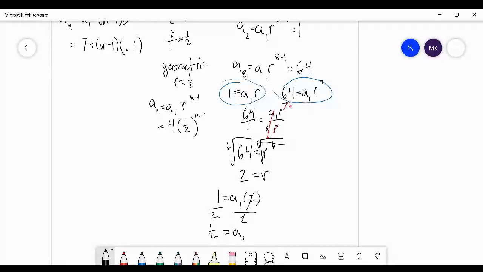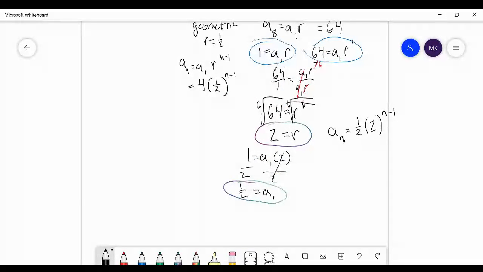So we know that r equals 2 and a1 equals 1/2. So I can say that my general term, a sub n, is a1 times r to the n minus 1.